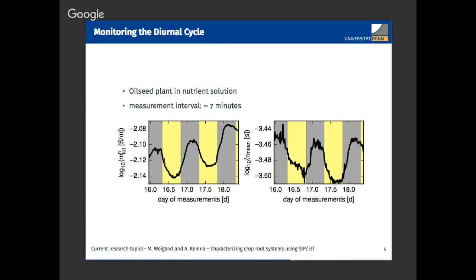We see an increase in polarization of a root system in nighttime hours, where roots store nutrients, where physiological activity is reduced due to the missing light and missing photosynthesis. And we were also able to observe small but consistent changes in the relaxation times, which could indicate changes in the underlying length scales of the polarization processes.